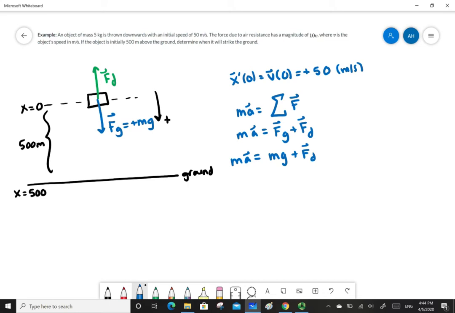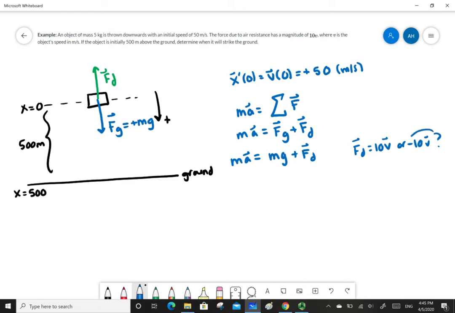We know the magnitude is 10 times the speed, but should Fd equal positive 10v or negative 10v? Here's the most important thing to remember. Since air resistance is proportional to speed, your choice of coordinate system has no impact on the expression for F sub d.